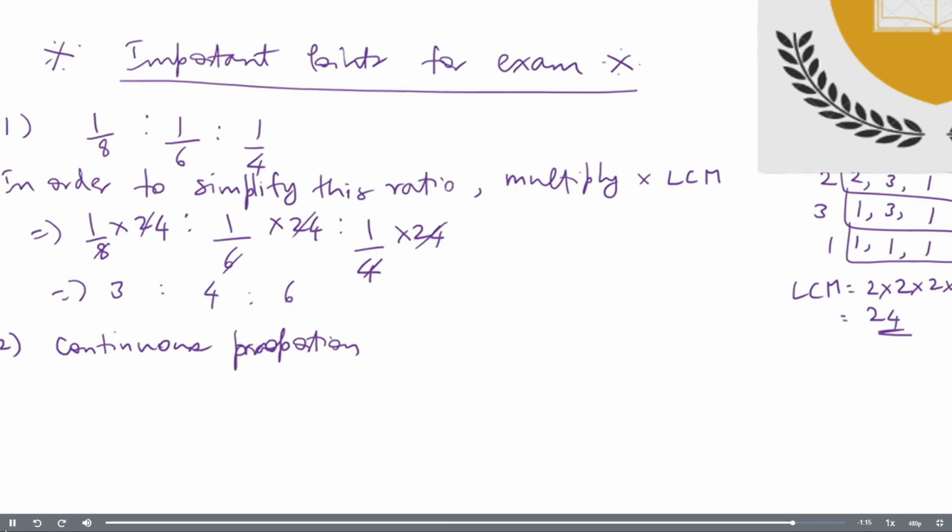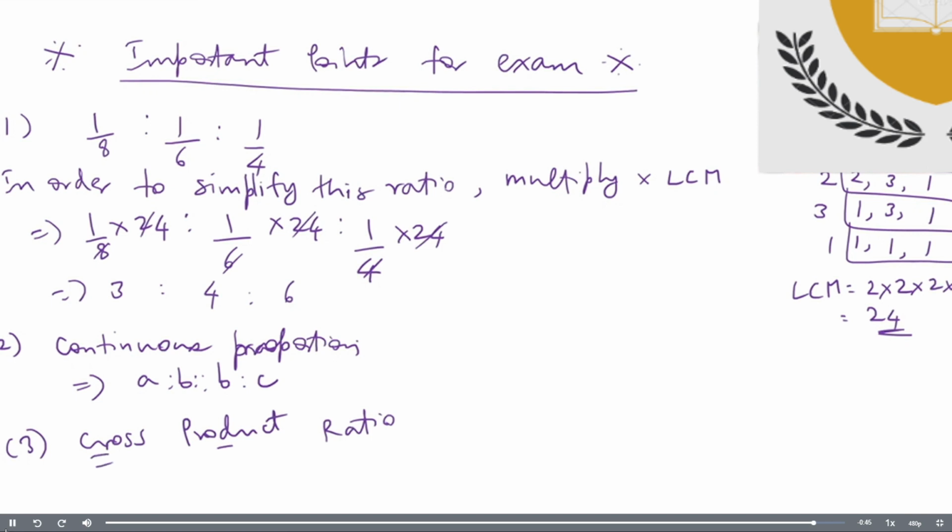Continuous proportion means A is to B as B is to C. So they might use the term continuous proportion, and you need to understand that it refers to this type of proportion. There is one more term which they might use in the exam, that is called cross product ratio.